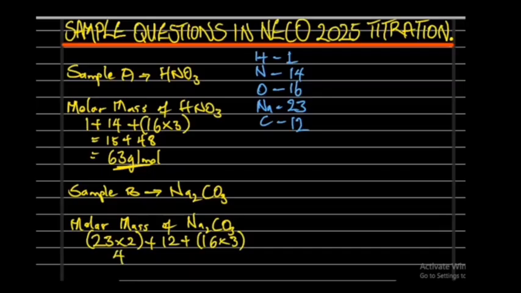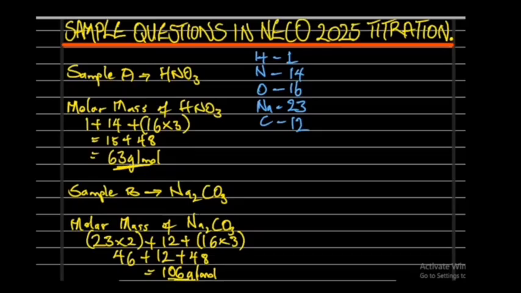So we have 46 plus 12 plus 48, and that is going to give us 106 grams per mole. That is the molar mass of sodium trioxocarbonate.